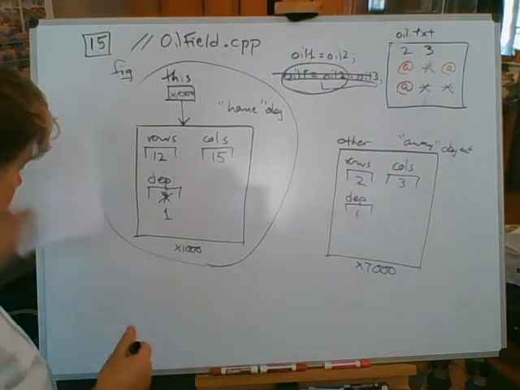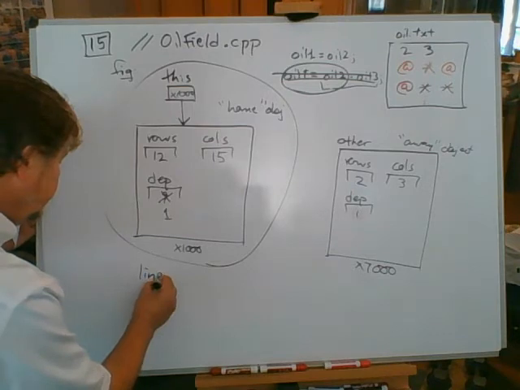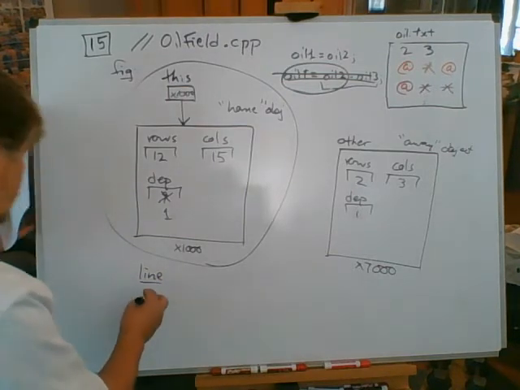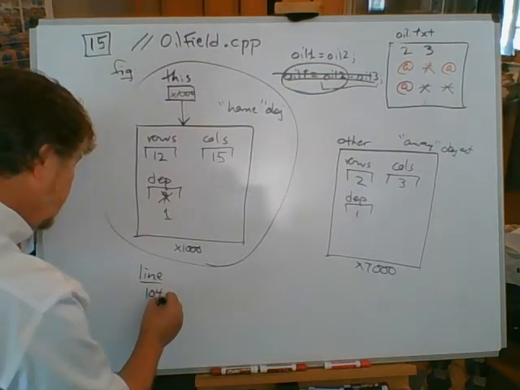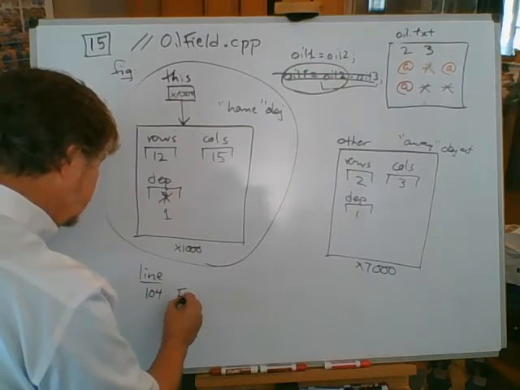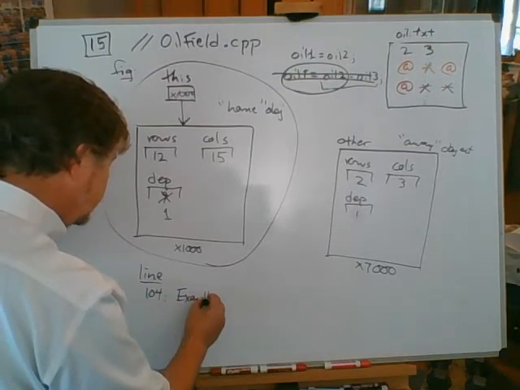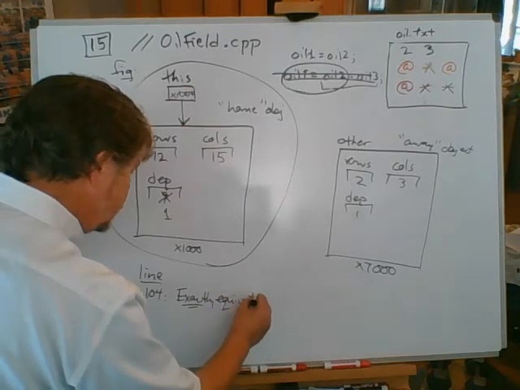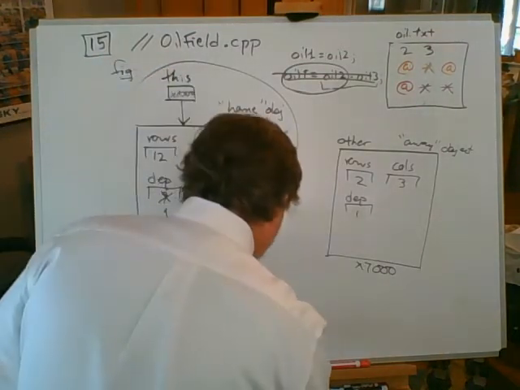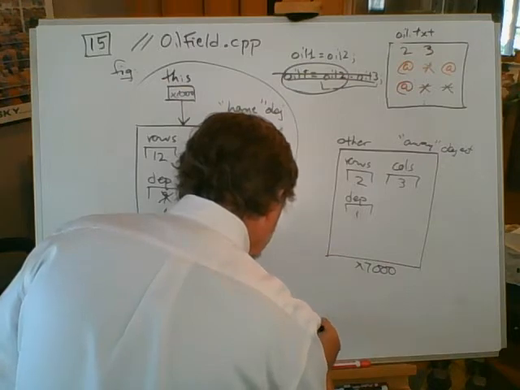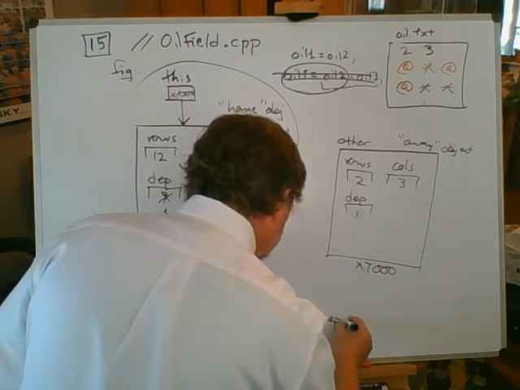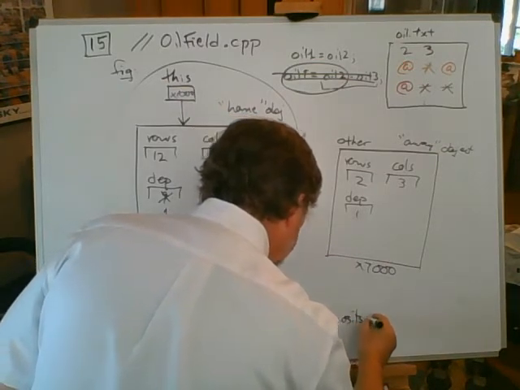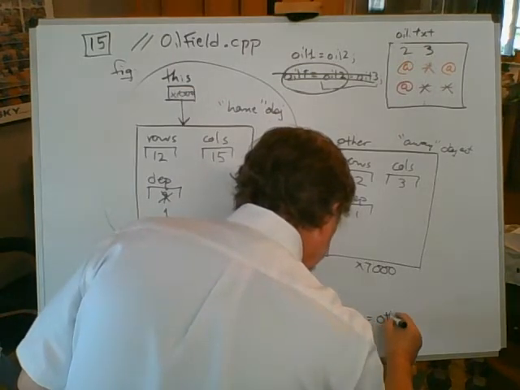Let me put this on here. Line, which was it? 104. I'll make a note. This is exactly equivalent, EXACTLY, to this. This arrow deposits equals other dot deposits.